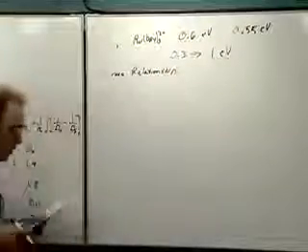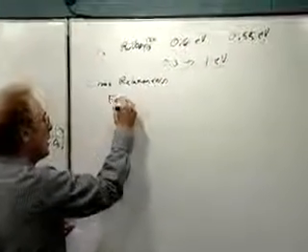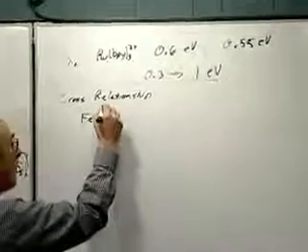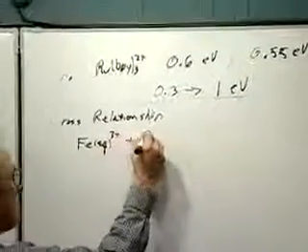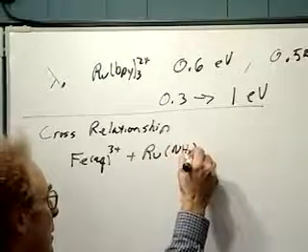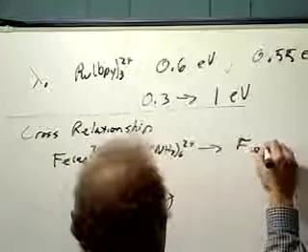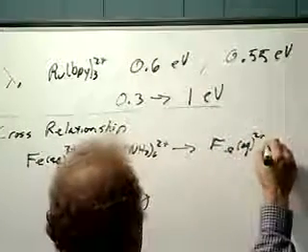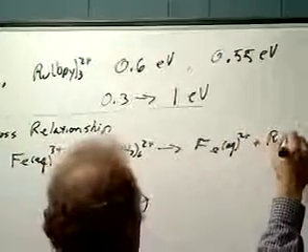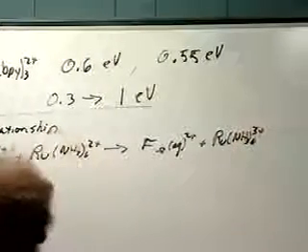We're going to consider the following reaction: iron aquo 3 plus and ruthenium hexamine 2 plus going to iron aquo 2 plus and ruthenium hexamine 3 plus.